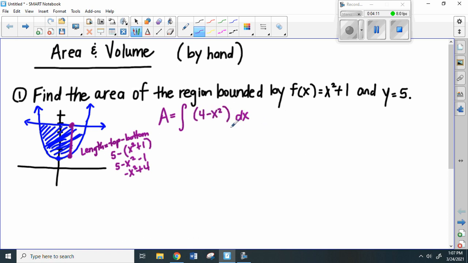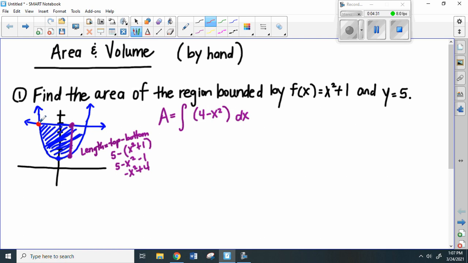All right, and then the only other thing you need are the bounds, okay? Now, because we're working in x values, that means you need the x values of this region from the furthest to the left all the way to the furthest to the right, okay?